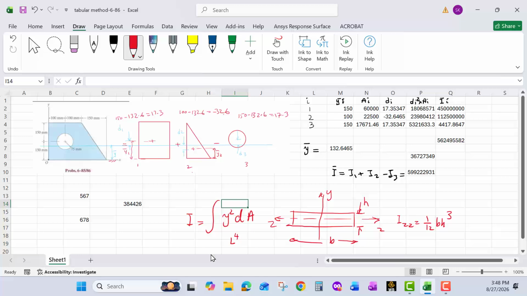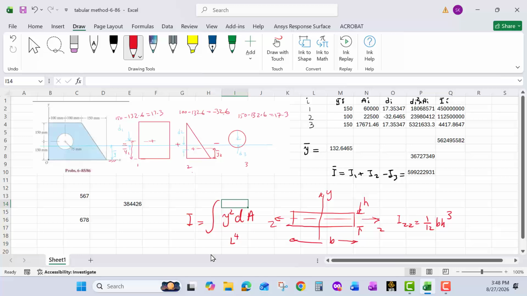For example, here I want to calculate the second moment of area for problem 6-85 from Hibbeler 5th edition. And the way I propose to decompose is by making one rectangle here plus one triangle minus one circle.